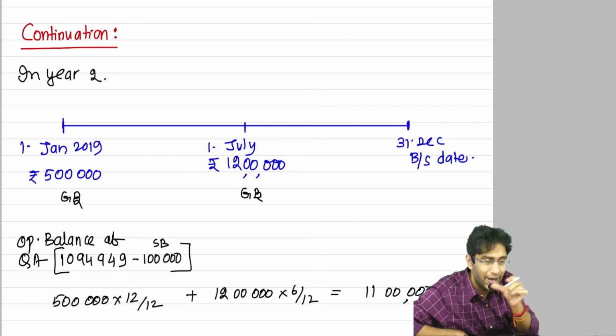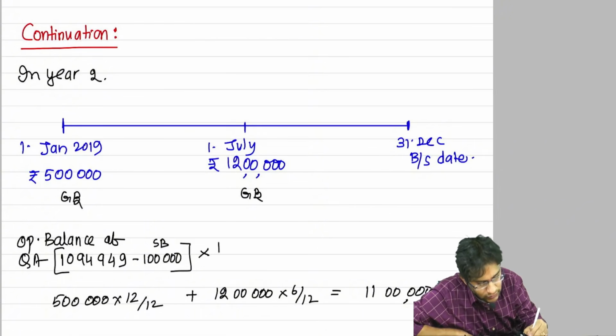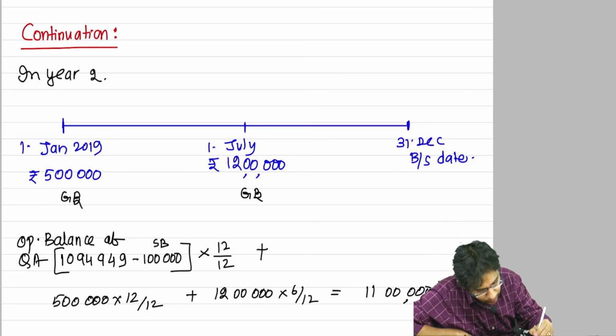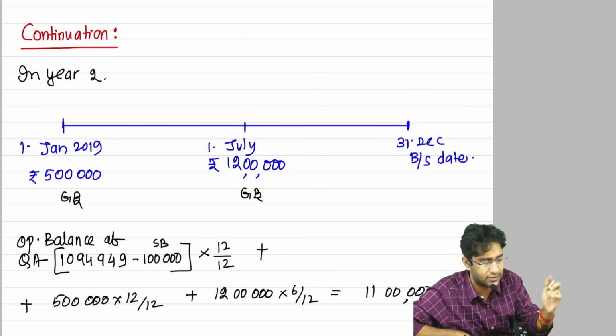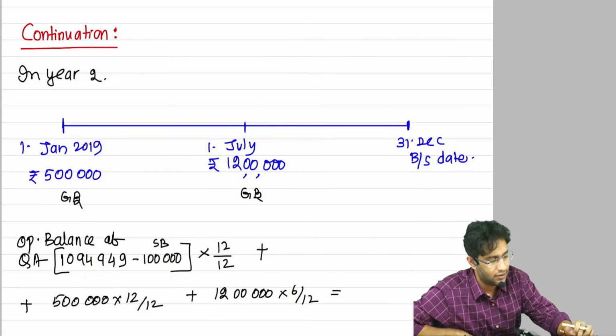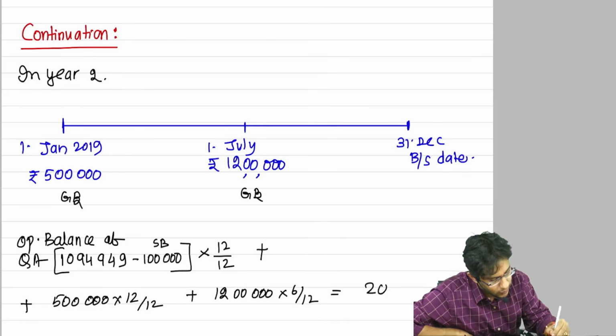Right. So our remaining 9,94,949, whatever is there, that is also outstanding for the entire 12 months. That plus this plus this. So 11 lakhs is correct, but opening balance also has to be considered. So 9,94,949 plus 11 lakhs, that is 20,94,949.